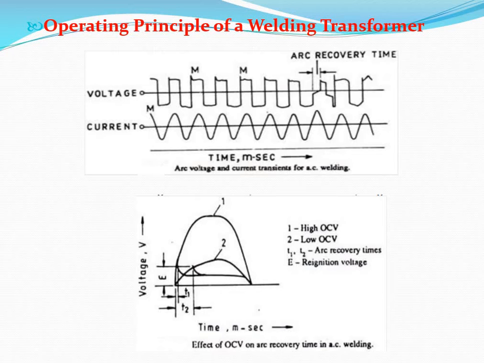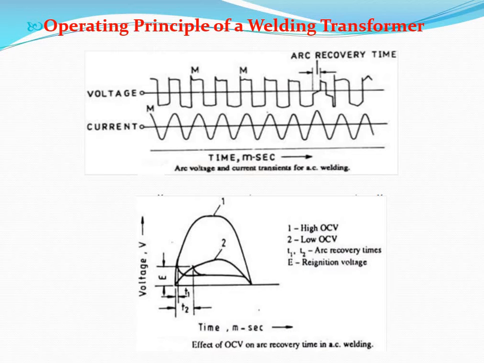With voltage curve 1, the arc striking voltage E is shown here, and the arc recovery time is T1. In the case of curve 2, with the same reigniting voltage E, the arc recovery time is T2, and T2 is considerably larger than T1.